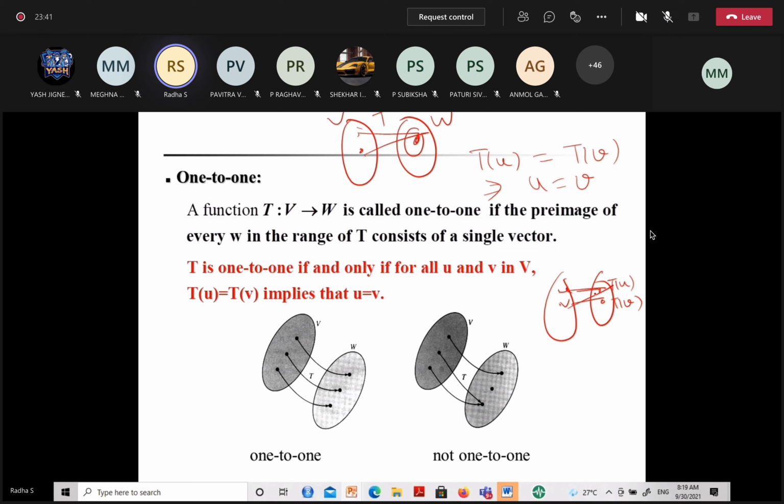That means U and V are mapped to the same element. Then the only possibility is that U and V are not different. They are one and the same. That is the way of checking whether the mapping is 1 to 1.